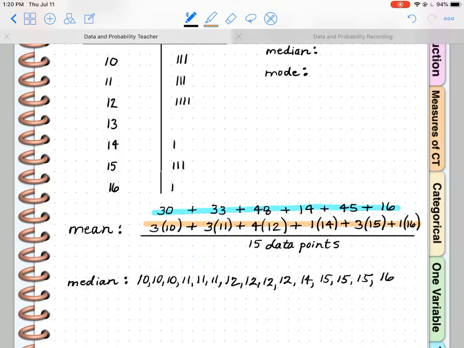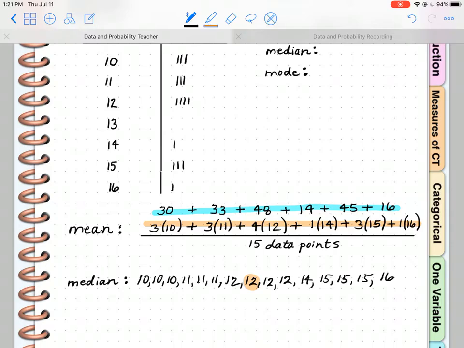So what is half of 15? What's in the middle? Well, that would be 7 data points on each side. So 1, 2, 3, 4, 5, 6, 7. Here's the middle. That's your median, because there are 7 numbers below there and 7 numbers above there.